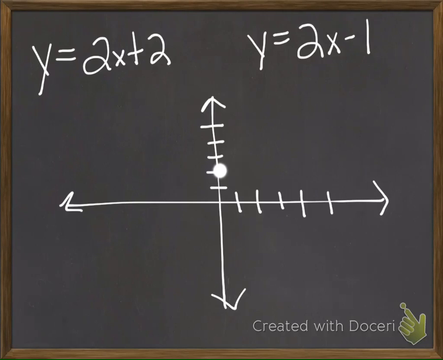Our slope is 2 as well because that's what's in front of the x. So how do we do 2 as a slope? We put it over 1. So our slope is now 2 over 1. So we rise 2, run 1, rise 2, run 1. So we go up 2, over 1, up 2, over 1. Okay? And now we draw our line.